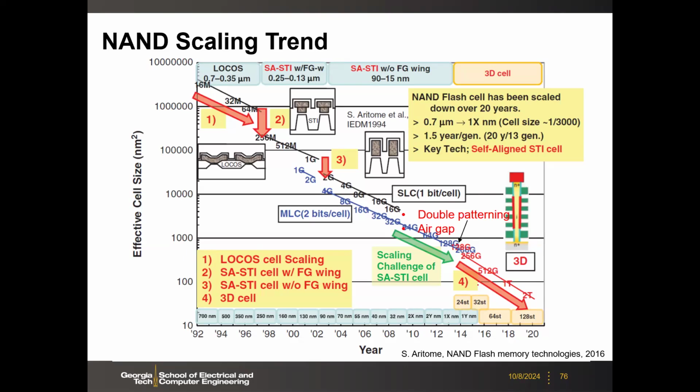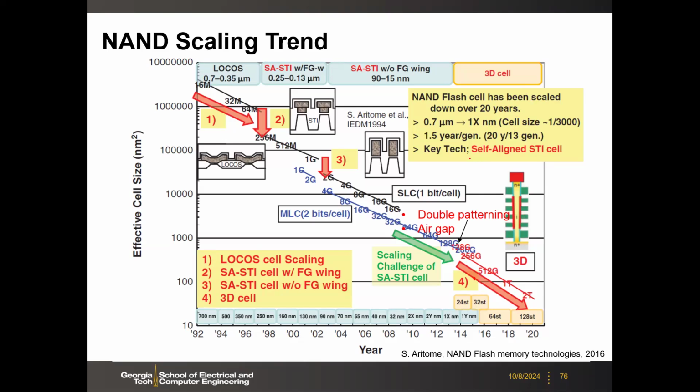You see that the last generation is like 100 nanometer square. That means 10 by 10 nanometer, roughly speaking, or maybe 12 nanometer by 12 nanometer in that scale. So that is very small, even smaller than today's logic transistor. So after that, the industry switched to the 3D. We'll talk about that later.